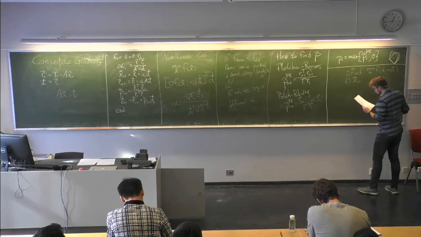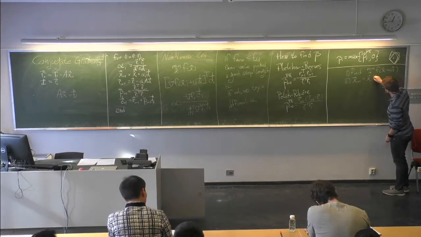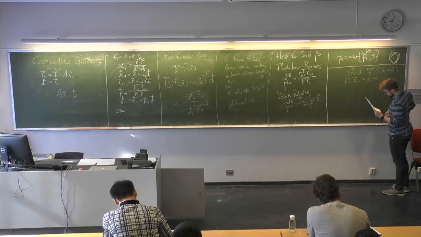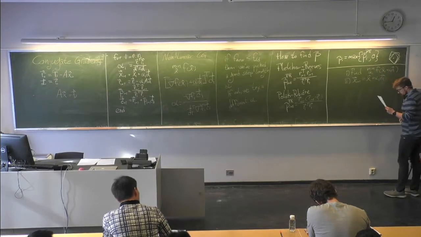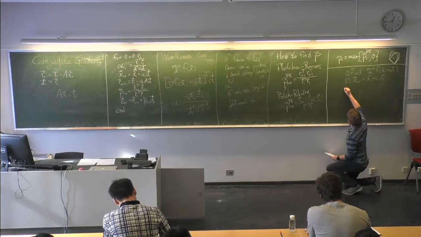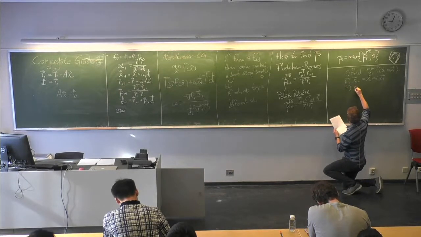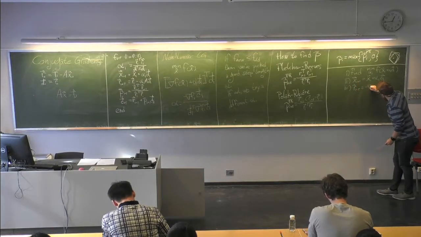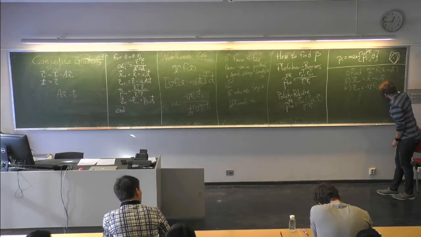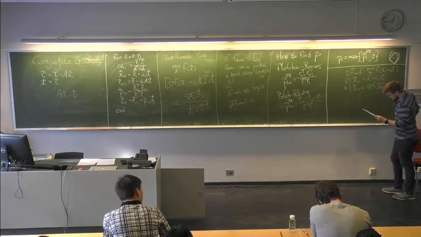Then you have to update x_i plus 1 equals x_i plus alpha_i d_i as well. Take the residual, r_i plus 1 equals minus the gradient of f at x_i plus 1.